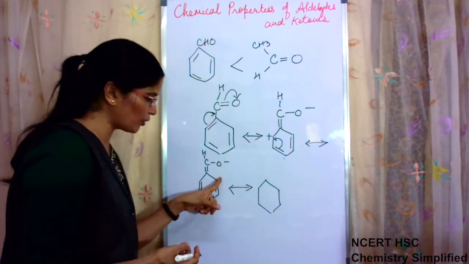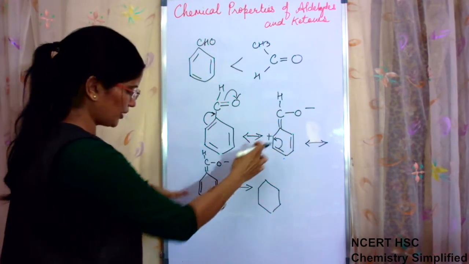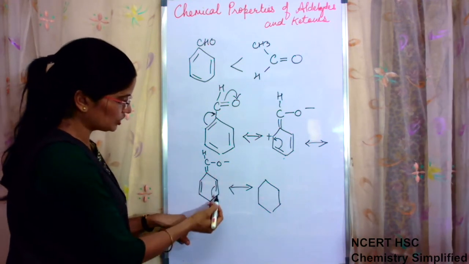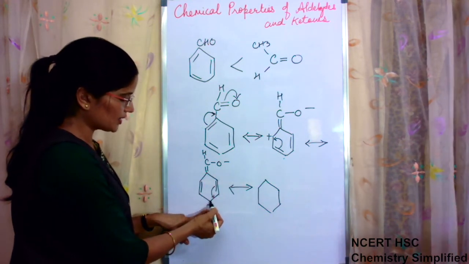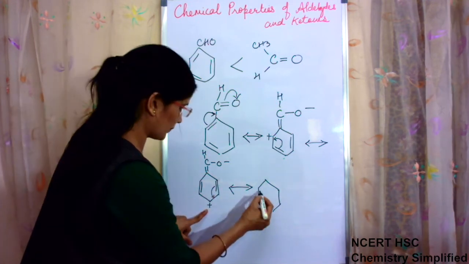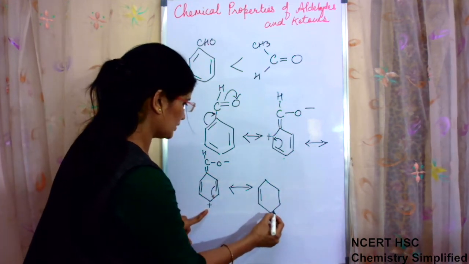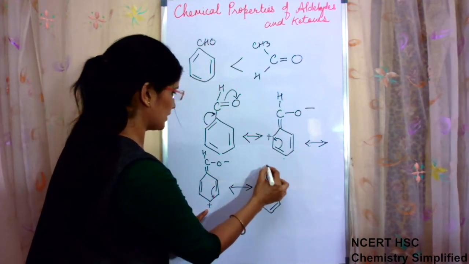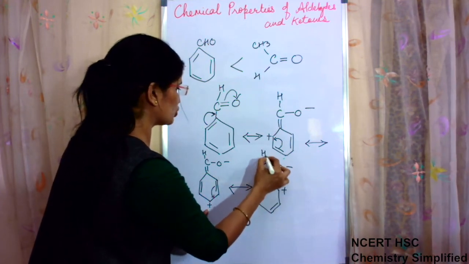That is why this point, first it was on this point, then it came on this, and now it will come on this point because this bond is shifting here. So this and this are getting electron, this is not getting electron. Then the positive charge shifted from here to here, rest is as it is, O negative H.